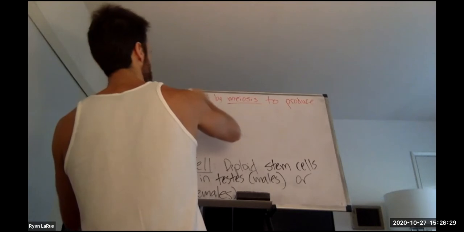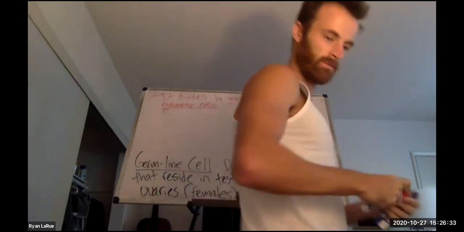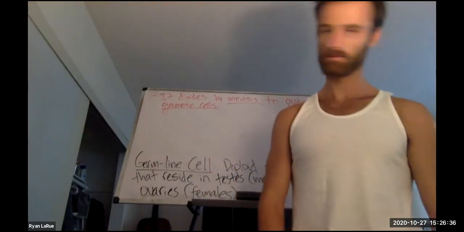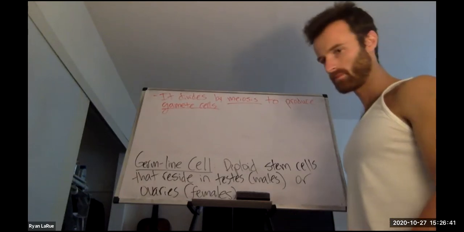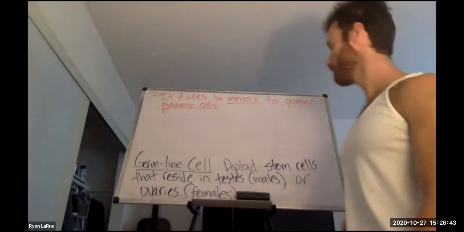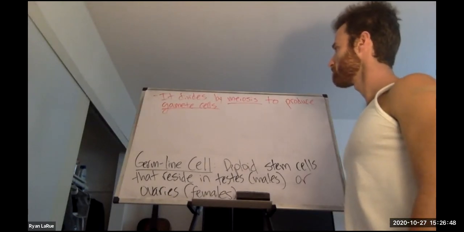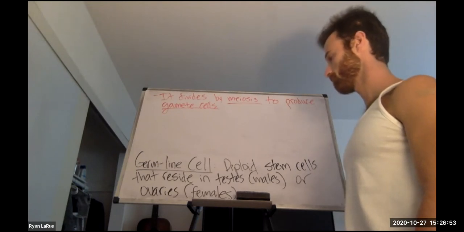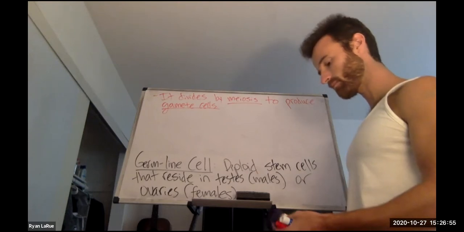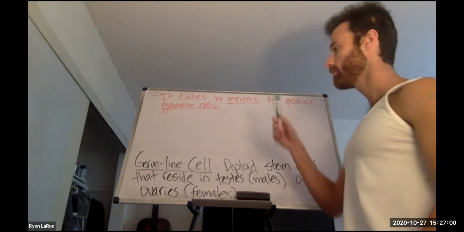That's our next cell type we're going to talk about. So germline cells do meiosis and produce gamete cells or gametes.